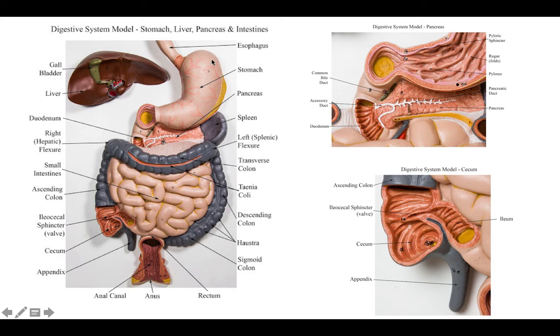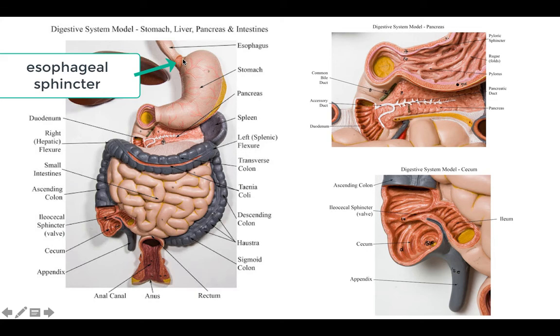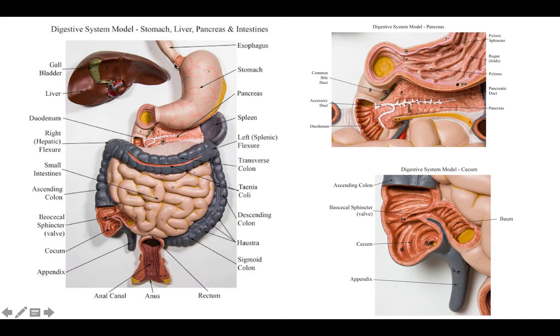Okay, and you'll notice I'm going to do this on a couple different models, because in the lab we have a few different models for this, and I want to make sure you're familiar with all of them. As food moves into the stomach, it has to pass what's called the esophageal sphincter here. Many of you probably know about it because this sphincter sometimes doesn't seal tightly.